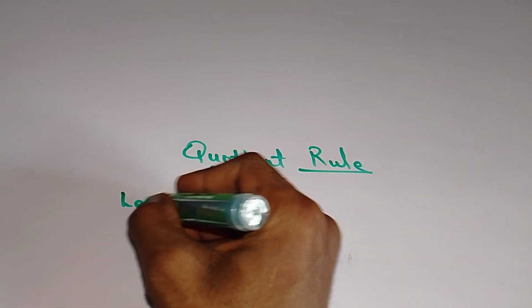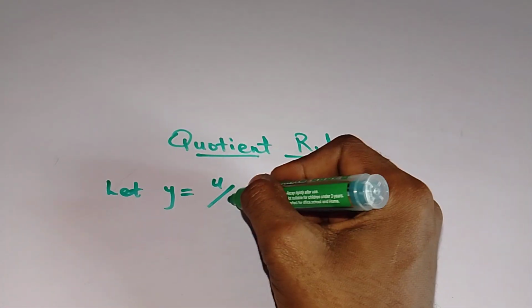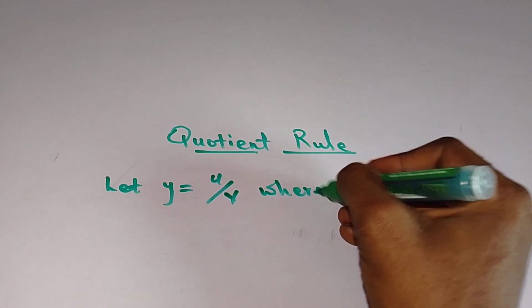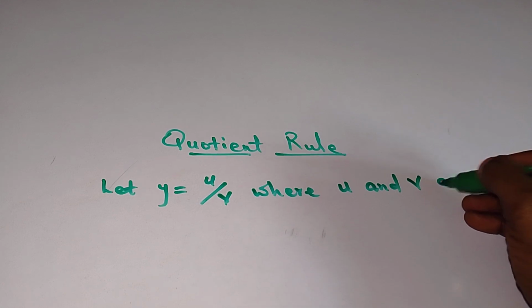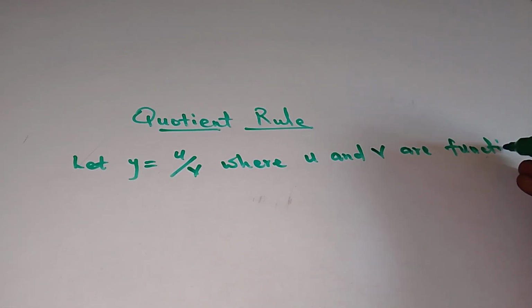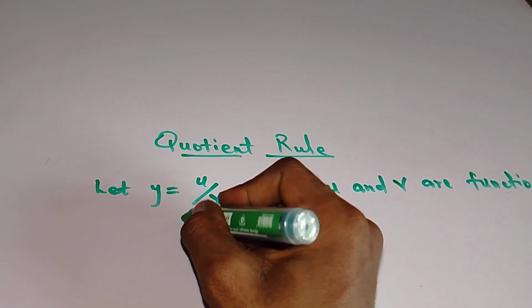So let y equal to u over v, where u and v are functions. U and v are functions of x.